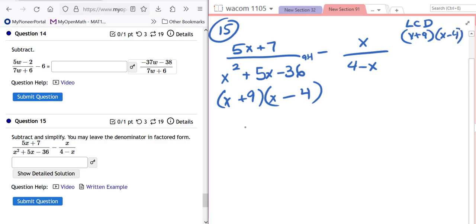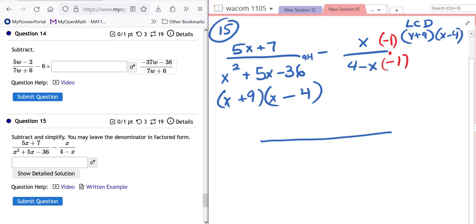So the first fraction is actually good. I'm going to run out of room. So I'll leave it. And then the other one that I'm going to work on, and remember to make this denominator, to switch the order, if you multiply it by negative 1, it will do that. You have to do numerator and denominator for that to be okay.